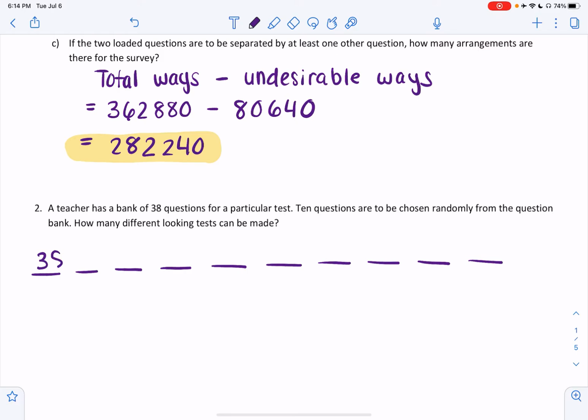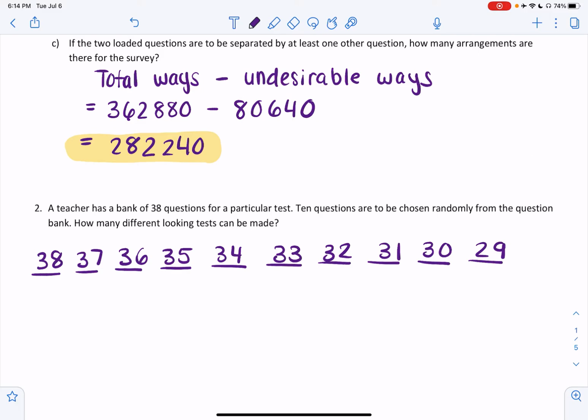So here, 38 choices. Now for question 2, I've already picked the first question. So now I only have 37 options. Then for the third question, I'd only have 36, 35, 34, 33, 32, 31, 30, 29.